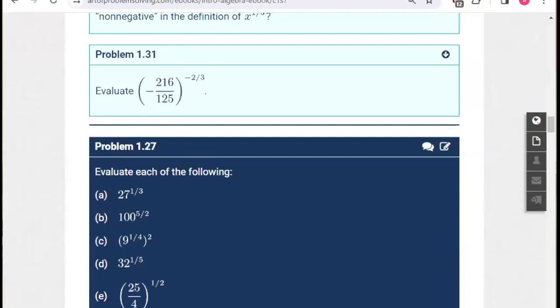And it's not just 5, it's -5. Do you agree? Yeah. And what's the cubic root of 216? Six. Very good. So now that we've done that, thank you so much.